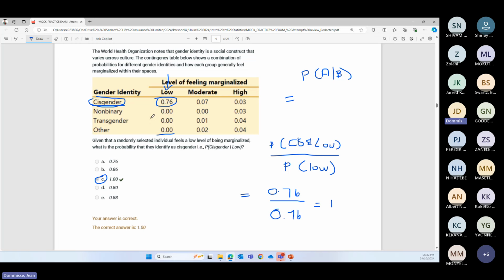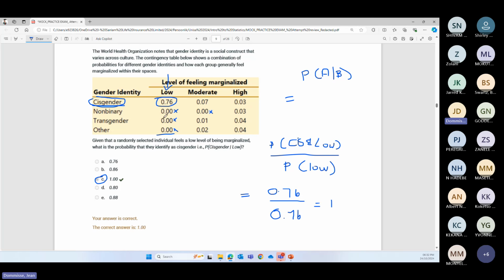Okay, so also look at, there are some of these that are zeros. So that also means that non-binary and low is mutually exclusive because the and is 0.